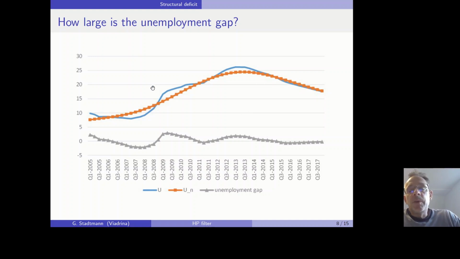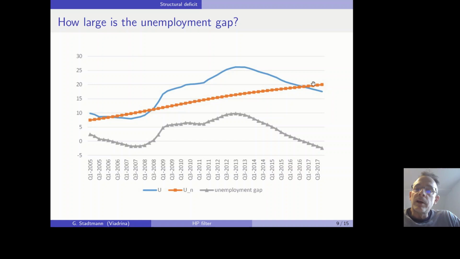So it seems that the European Commission changed the way the natural rate of unemployment was measured. Previously, before the article was written, we used this kind of method here, and then some changes took place.